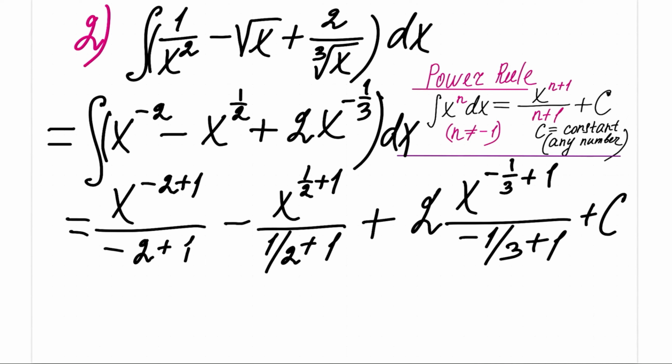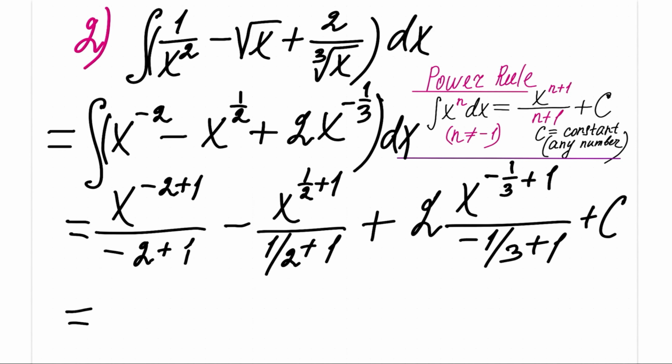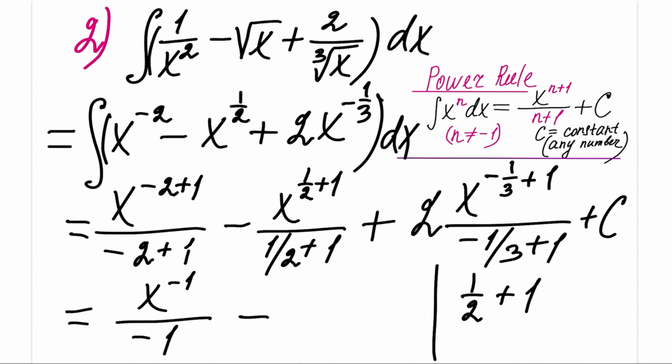Now, let's clean it up. For the first term, your bottom becomes -1, and x to the -1 power. Now let's proceed with this pesky fraction. So 1/2 plus 1, which is 2/2, is going to be 3/2.